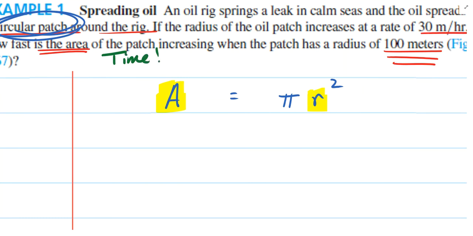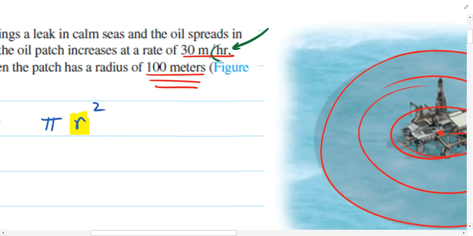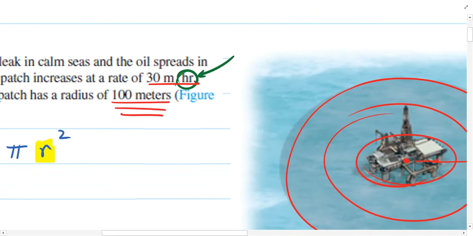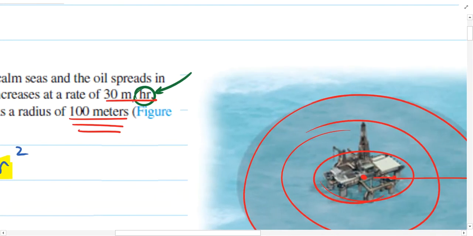And the problem doesn't explicitly state that time is an additional variable in this situation, but it is sort of implied over here. We had a unit of time in this measurement. So the radius of the oil patch is increasing at a rate of 30 meters per hour. That's a rate, and therefore it could be considered as a derivative.